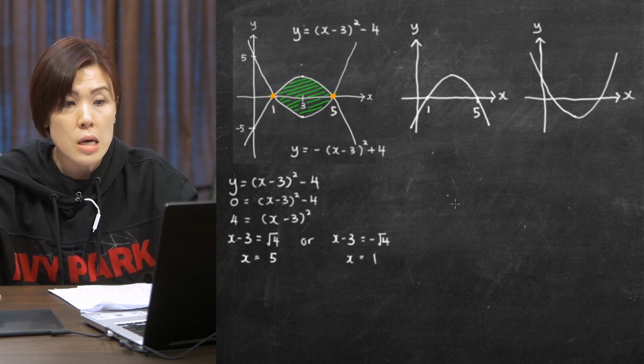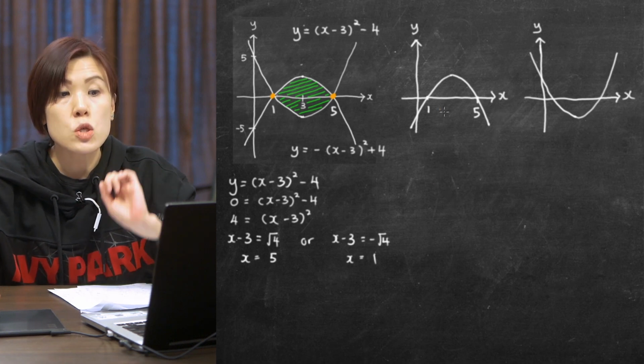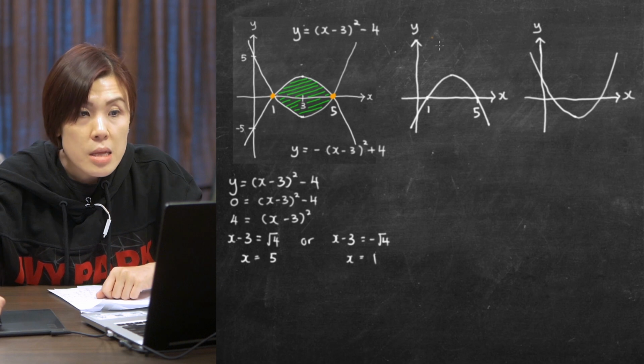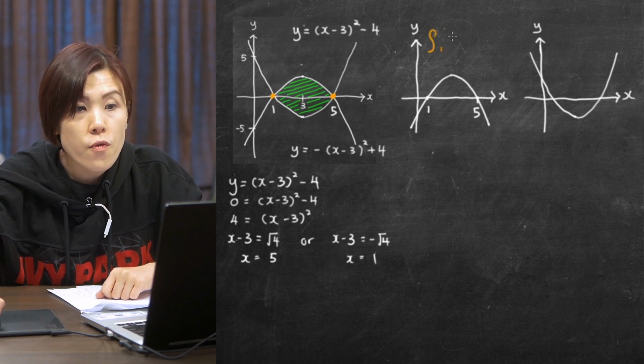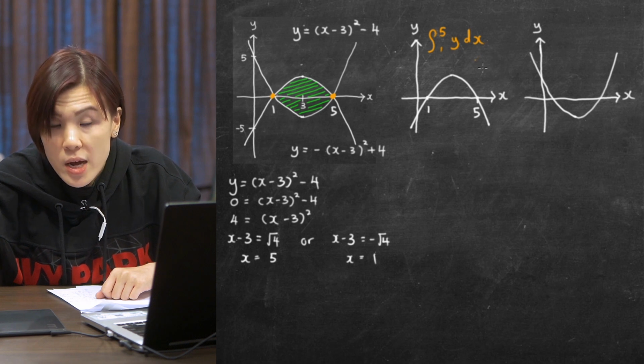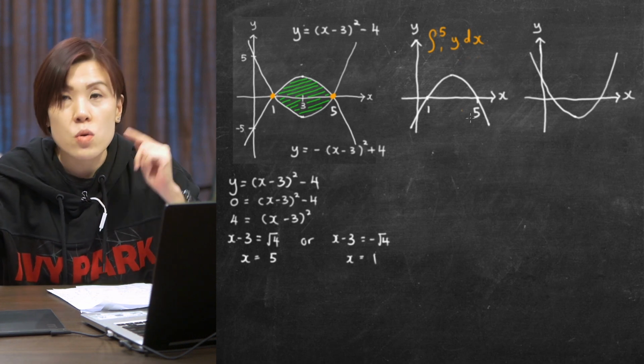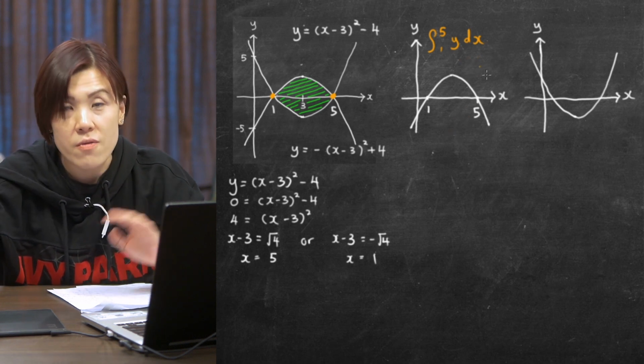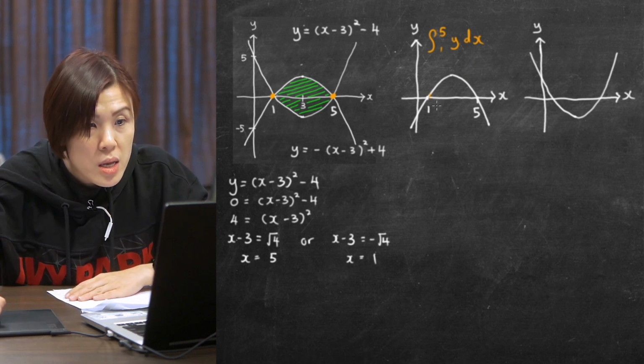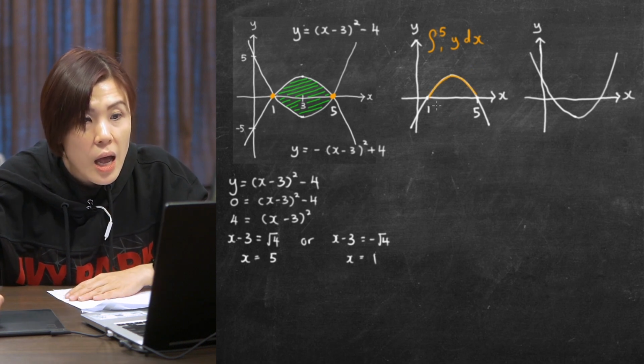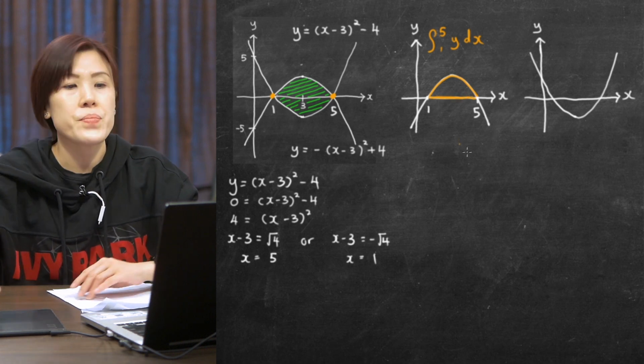Okay, guys, if you use this graph to do integrations 1 to 5 y dx, which part of the area we are finding? Remember, it's always between the graph and the x-axis if we are doing y dx. Between the graph and the x-axis. So this is the area we are finding.